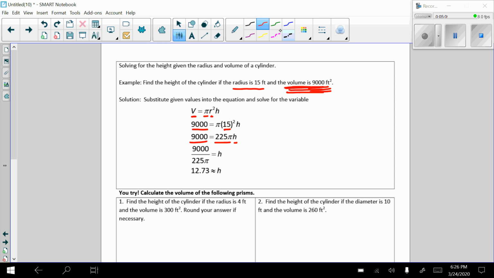Something I'm going to suggest to you here: if you're putting this into your calculator, you're probably going to want to put parentheses around 225 pi. Your calculator may be one that writes it side to side, so you're going to want to write 225 pi and then close your parentheses. You should get an answer of 12.73. Make sure you check that in your calculator so you know how to do it and that you're doing it correctly.